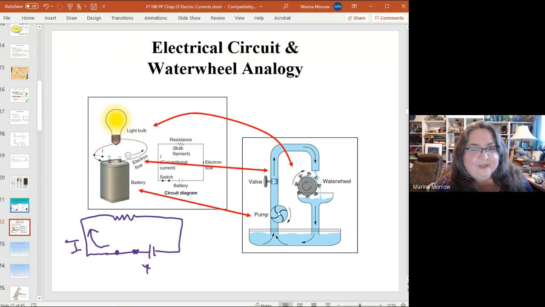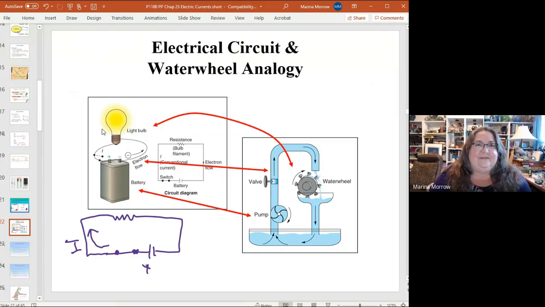But there's a little problem. It turns out that the direction of current was defined by Benjamin Franklin. He wasn't sure if the positive charges or the negative charges were flowing in a wire, so he took a guess. He said, let's assume it's the positive charges. And for the last 200 years, we have all been kind of stuck with the idea that it's the positive charges that move, even though we now know it's the negative charges.